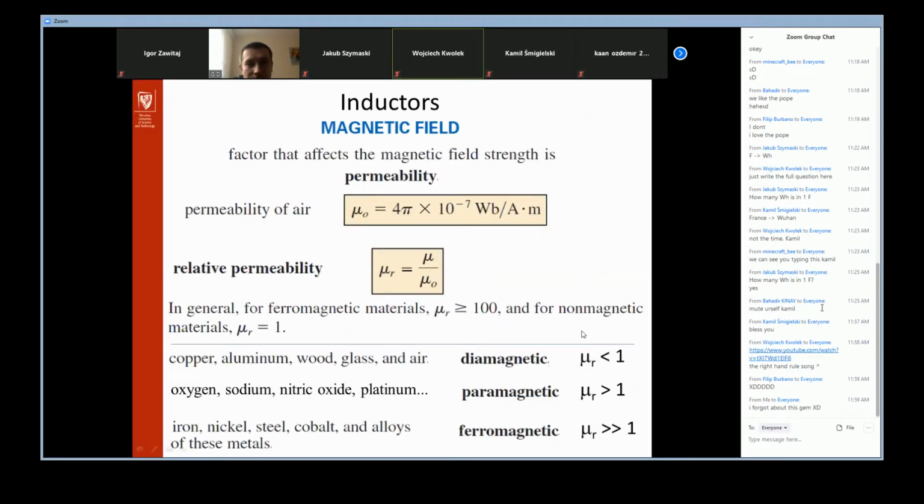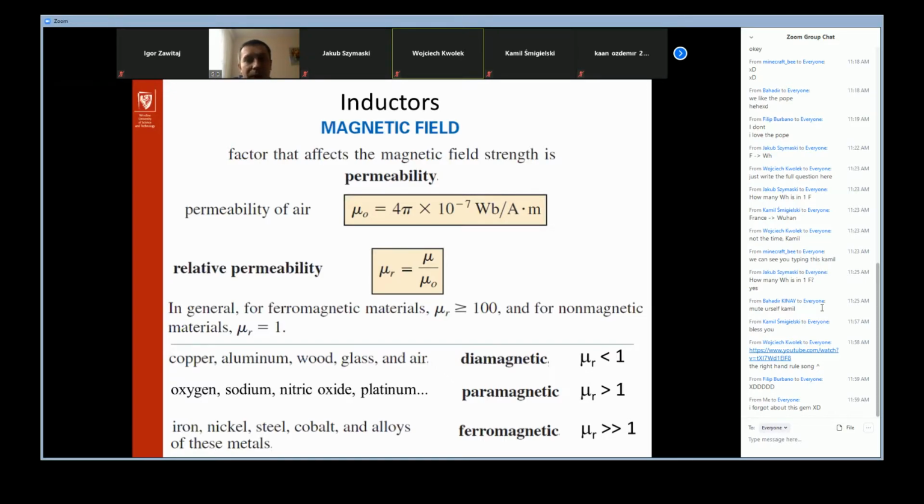Great. Very similar to the capacitance. Also, as I said, we have some materials with special properties according to the magnetic field. These materials, any materials in fact, have some permeability.